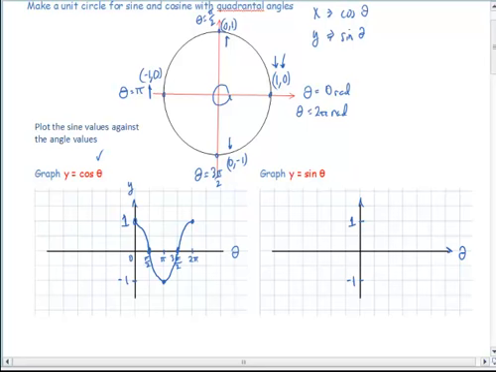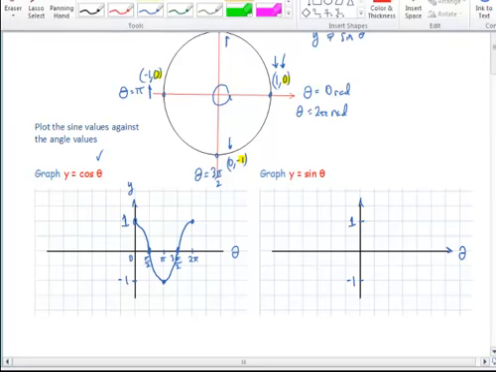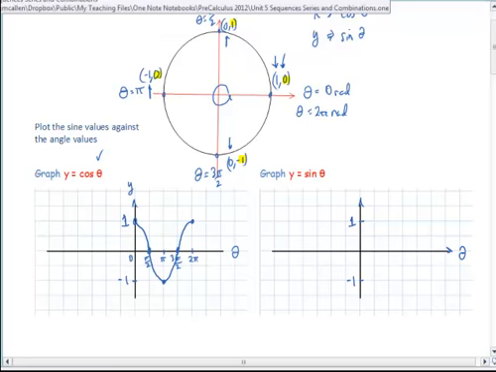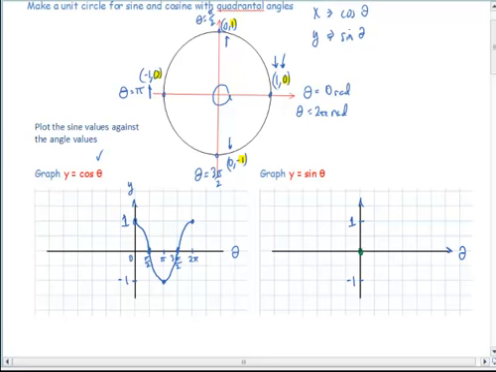If you look at the y-coordinate, you can see the progression that it makes. It goes from 0 to 1 to 0 to negative 1. So it starts at 0, goes to a value of 1, returns to 0, then hits negative 1 and returns back to 0.